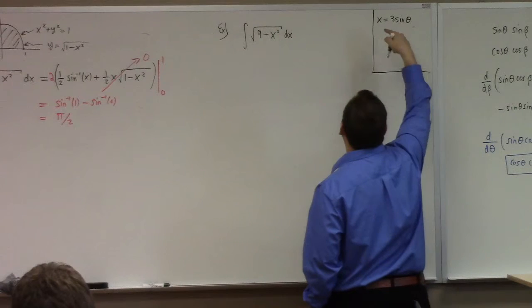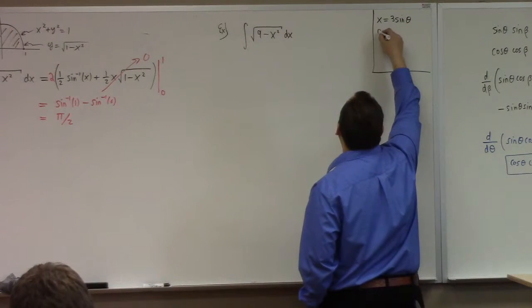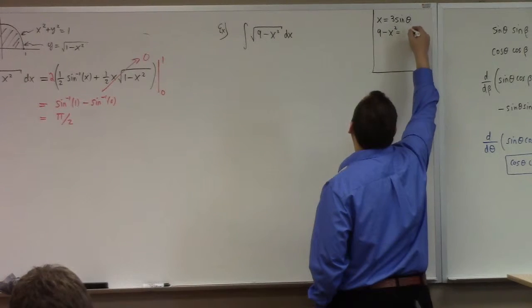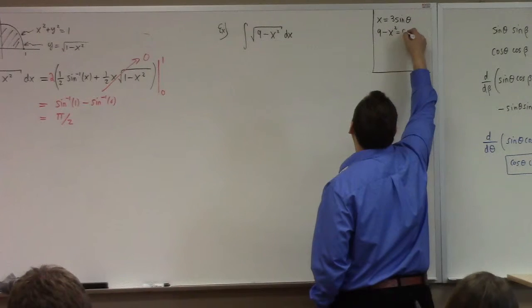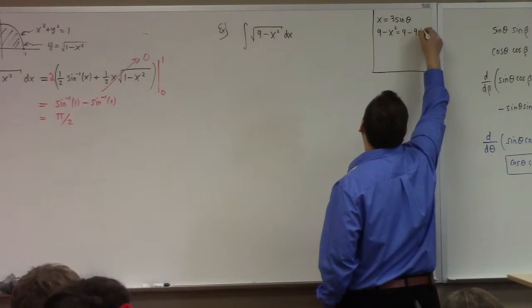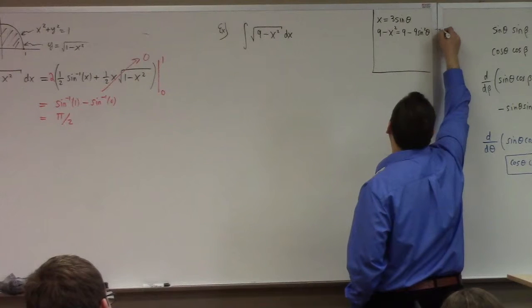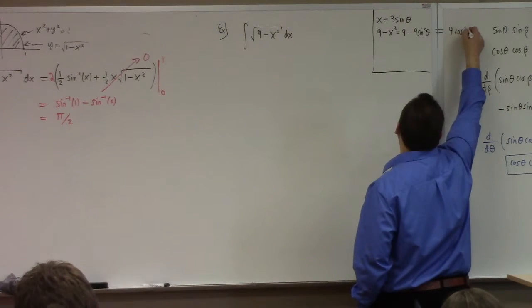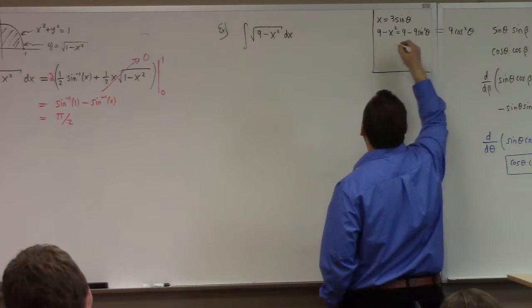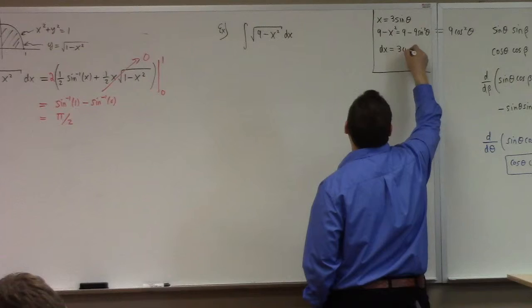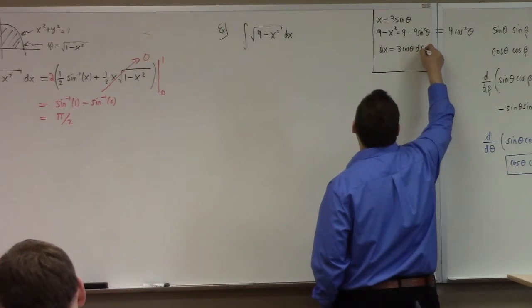If I let x equal 3 sine theta, then 9 minus x squared is what? It's 9 minus 9 sine squared theta, which is actually what? 9 cosine squared theta. And what's dx? It's 3 cosine theta d theta.